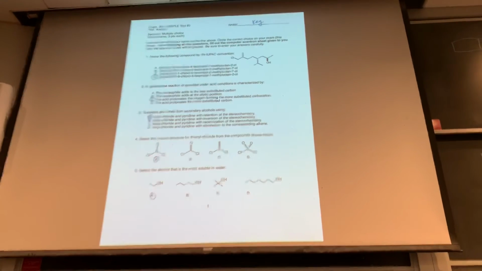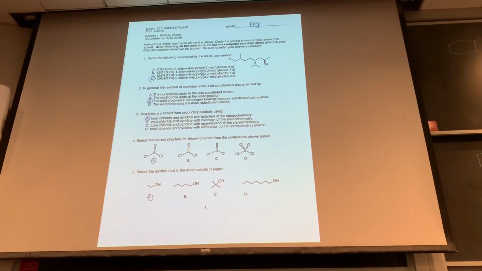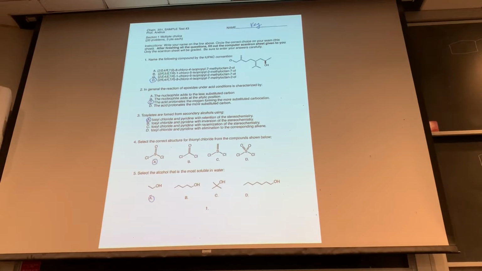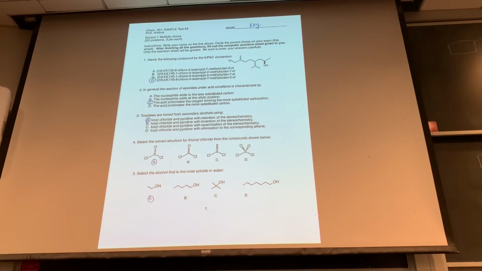I'll go through it and examine some of the harder problems that I think students have asked about before. I've had some people email me already with some questions about it, so I think I prepared enough to point some of those out. So let's just go through it. I'm not going to work every one, but I will go to the board and work some of them. So we'll go back and forth here.